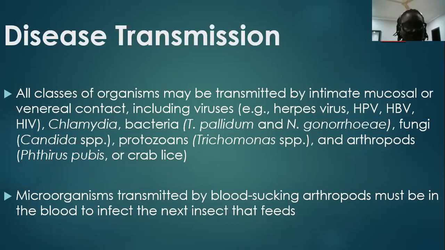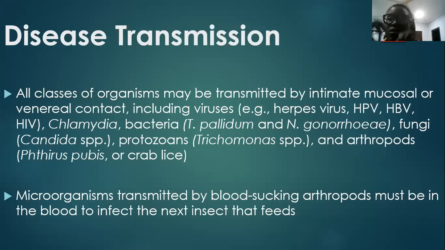Then we can have sexually transmitted infections, which are shed in the secretions, either vaginal secretions or by the semen. You have several of them: chlamydia, syphilis, and so on. Then we also have microorganisms that are transmitted by blood from arthropods. You can have ticks causing infection, you can have mosquitoes.